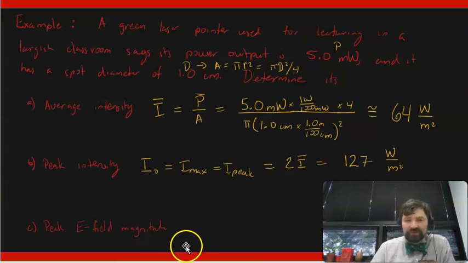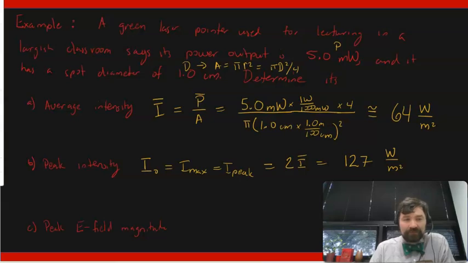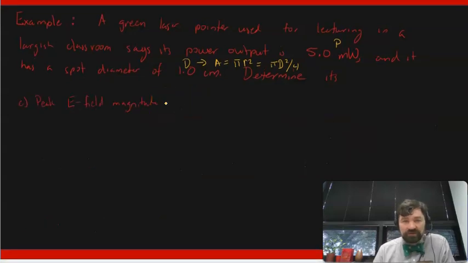So the last part is, what about the peak E field magnitude? To do that, I'm going to go ahead and go to a new slide. So we're looking for the peak E field magnitude. That would be E naught, and that should be found from I naught.